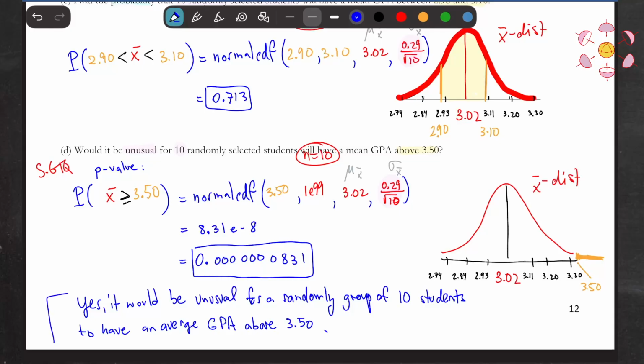Boom. That is our answer here. Okay, and that makes sense, right? Because you're grabbing students at random, and having a really high GPA is difficult. So you don't expect a random group of 10 students to have an average that high.